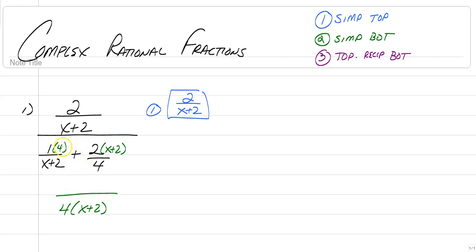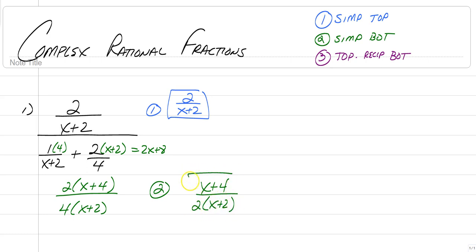That's all going to simplify to 2x plus 8, which of course we can factor out a 2, so we have 2 times x plus 4. And that, of course, simplifies to 1/2. So step two, we have our simplified answer of x plus 4 over 2 times x plus 2.